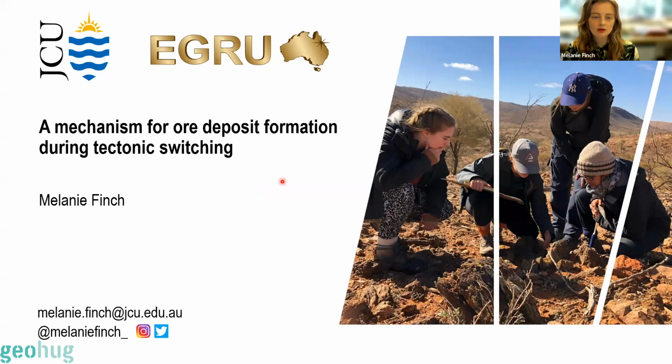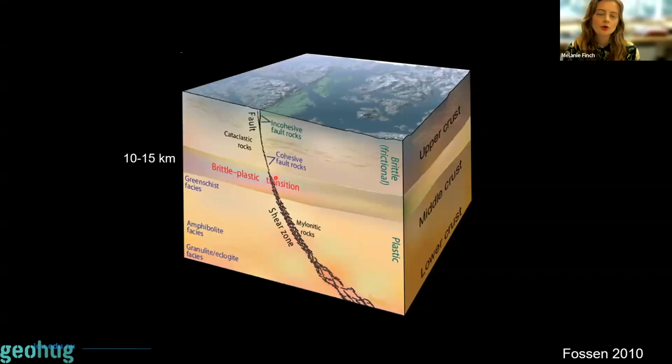I'll kick it off by talking a little bit about ductile shear zones. In economic geology we talk a lot about faults, brittle faults, and we also talk about ductile shears, but they don't always mean the same thing.